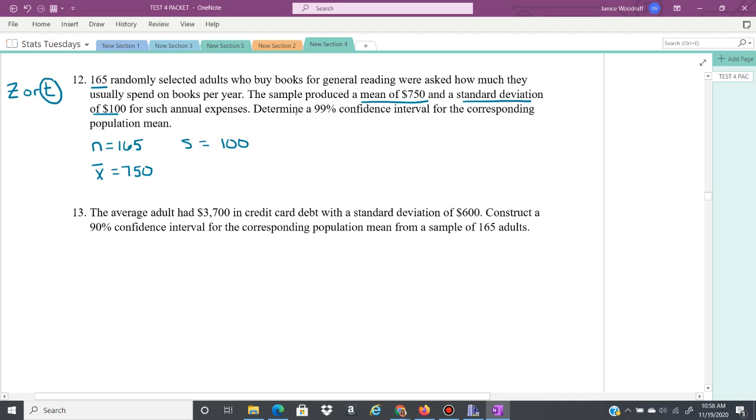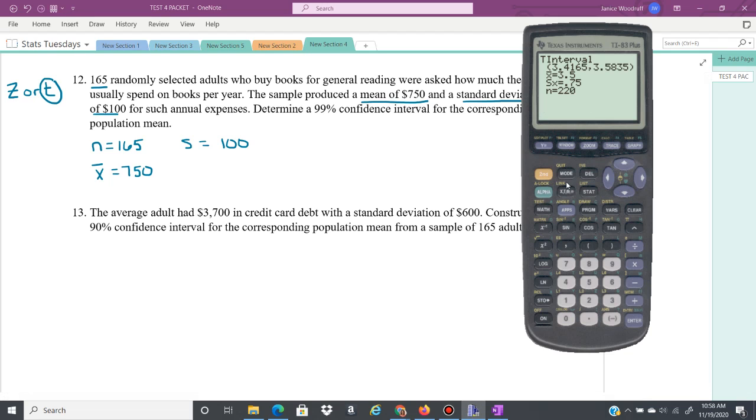So I'm going to go ahead and do this one in our calculator, and we'll get our interval here. We'll go T interval, so stat over to tests, T interval, and then we have our information here.